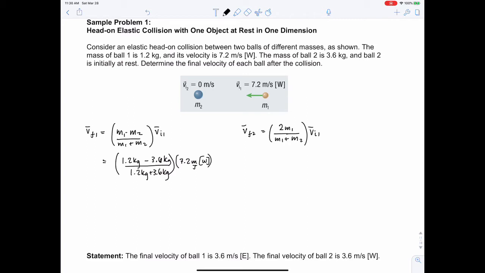And it's important to include direction, west. If you punch this all into your calculator, you end up with a final velocity for object number 1 of negative 3.6 meters per second west, or we can write this as 3.6 meters per second east.